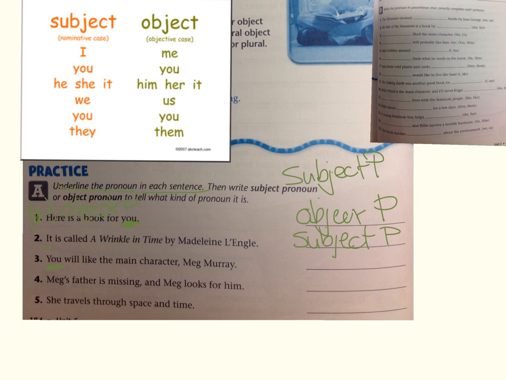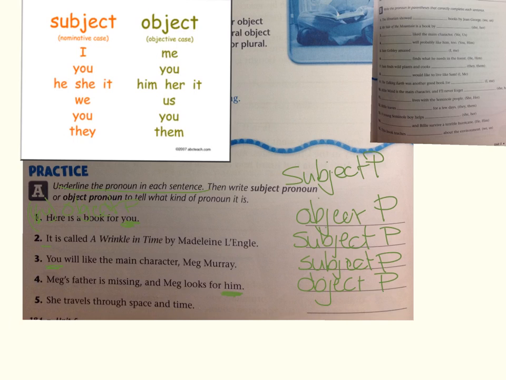You, once again, you is the subject of the sentence, so this is also the subject pronoun. Next, Meg's father is missing, and Meg looks for him. Meg's father is the subject of the sentence. So when him is considered right here, that means him is the object pronoun.